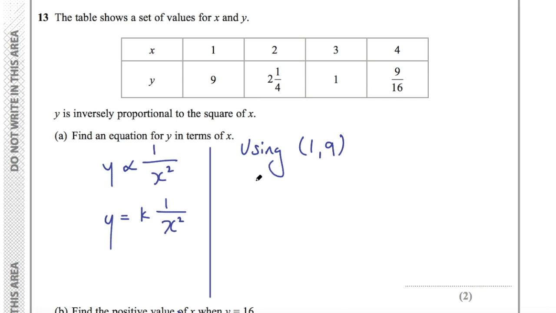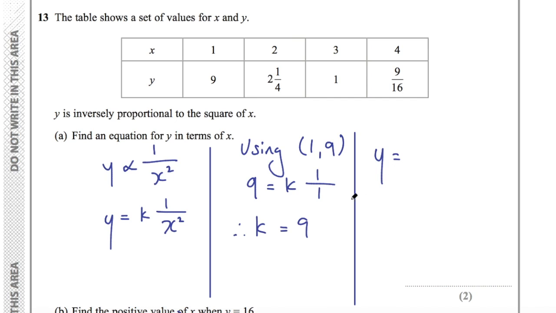So using 1, 9, 9 equals k times 1 on x squared. Because x is 1, that's going to be 1 on 1. So therefore k just equals 9. So then our equation becomes y equals 9 multiplied by 1 on x squared, so 9 over x squared.